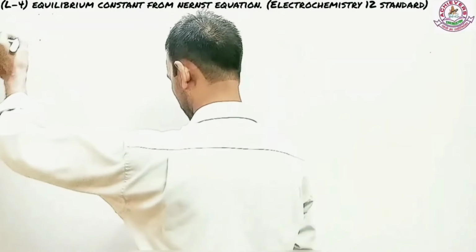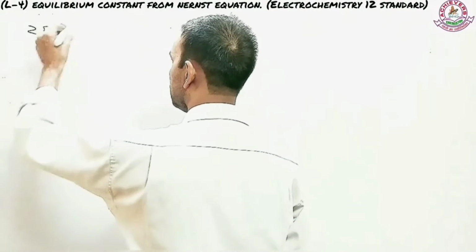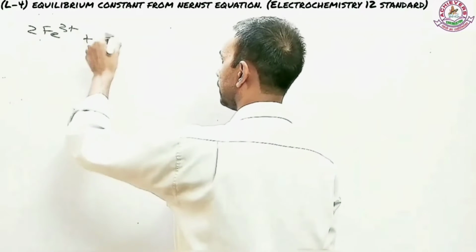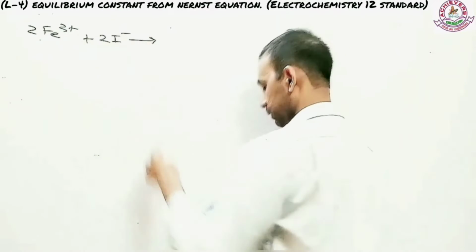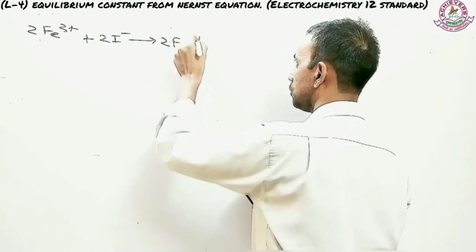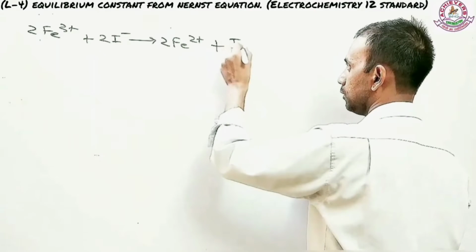It says there is a cell where the following reaction takes place: 2Fe3+ reacts with the iodide ion. The products are 2Fe2+ and an iodine molecule, I2.